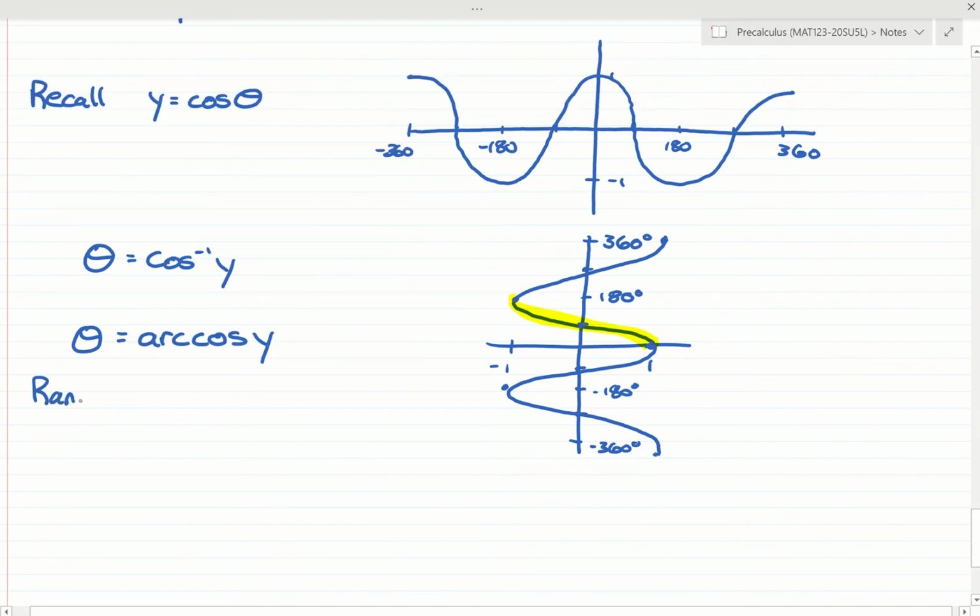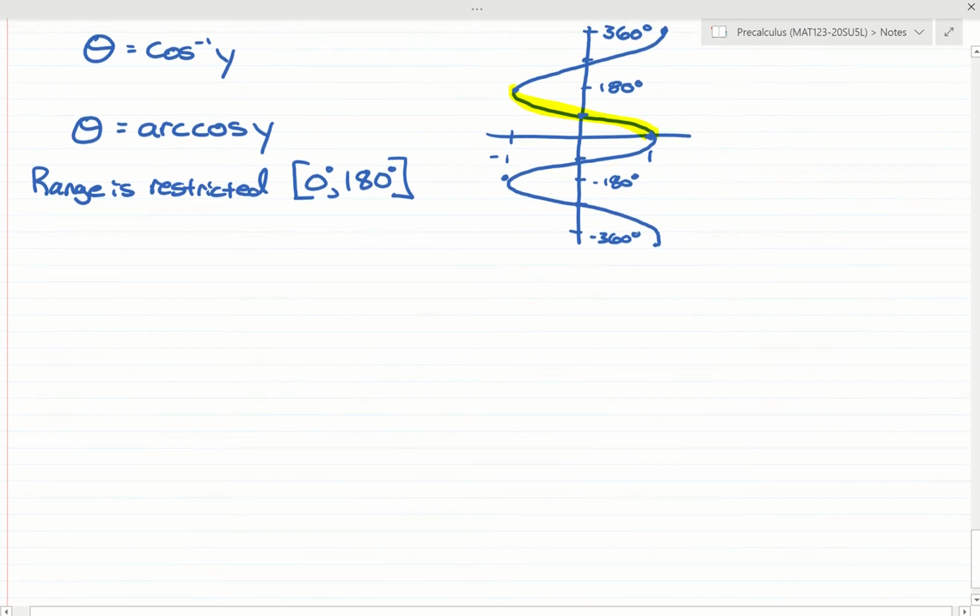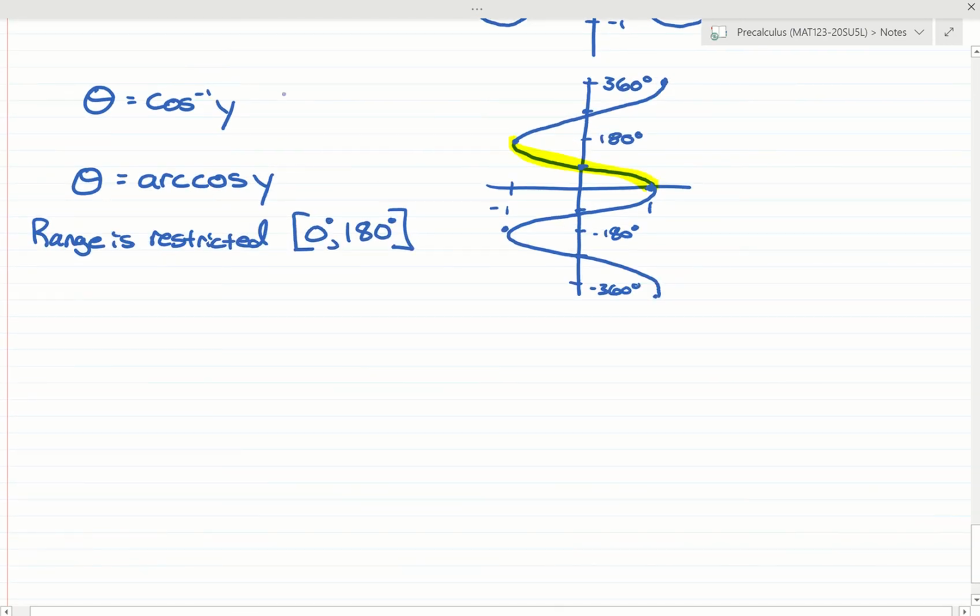So the range is restricted from 0 degrees to 180 degrees. Let's do some examples with this. Typically, inverse cosine goes between 0 degrees and 360, or 0 to 2 pi, but that'll be stated in the problem.